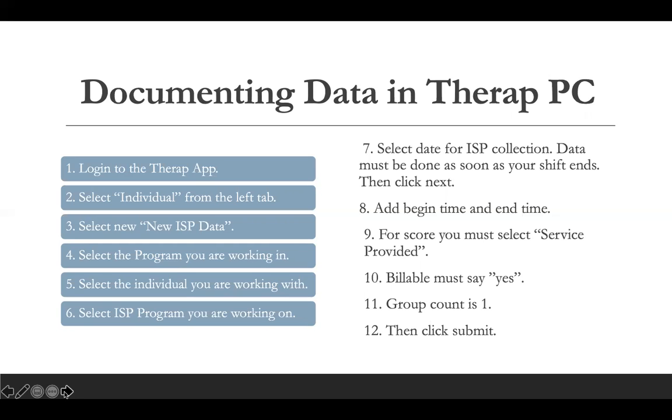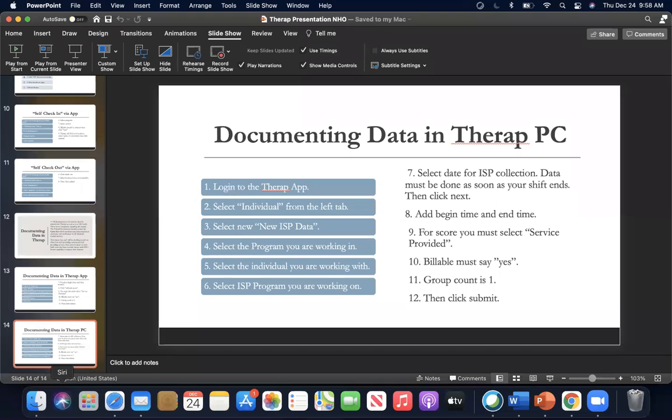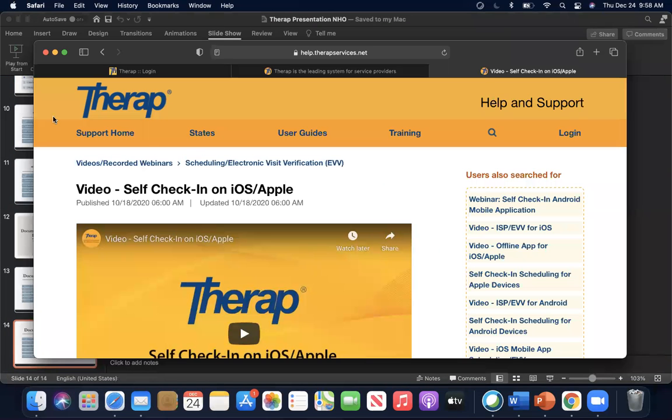Then you click Next. It's going to ask the same thing as on the mobile app, begin time and end time. For a score, you must select service provided. Billable must say yes. Group count is 1, then you click Submit. And that pretty much is it.